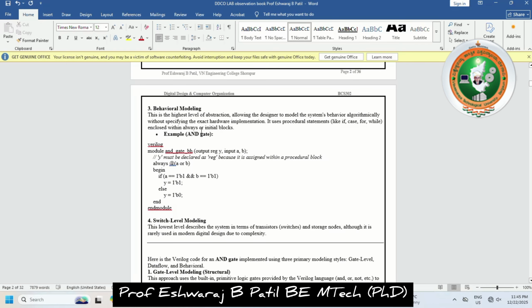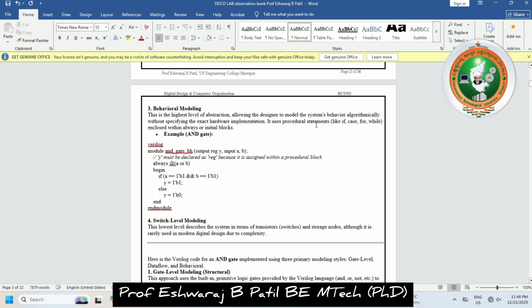Next we'll see the behavioral model. In the behavioral model we have the highest level of abstraction. It allows the designer to model a system's behavior algorithmically without specifying the exact hardware implementation.